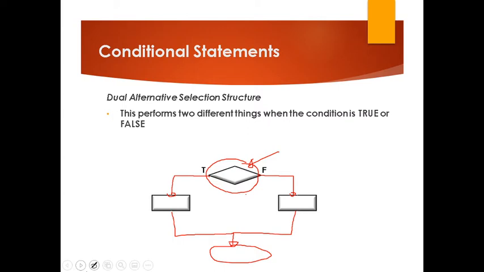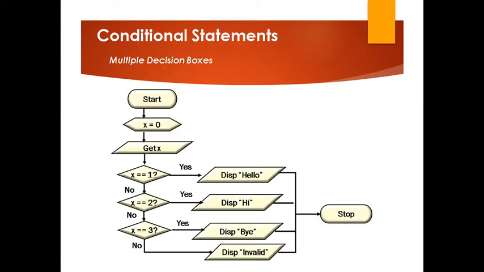That's actually easy. We also have multiple decision boxes. So if you will see here, for example, x is equal to 0. We initialize the variable x to 0. Then we get input from the user.